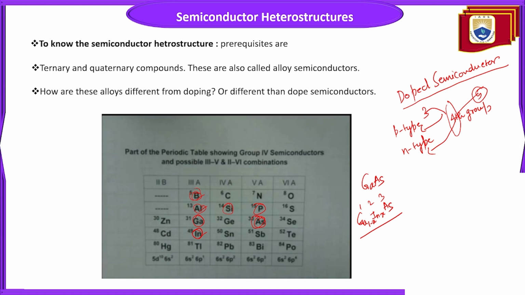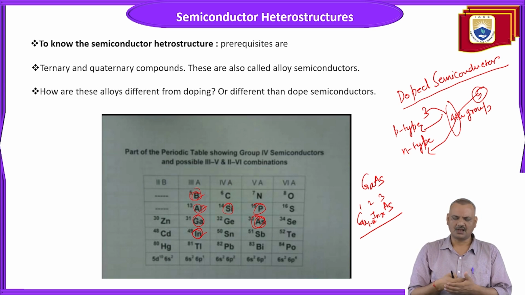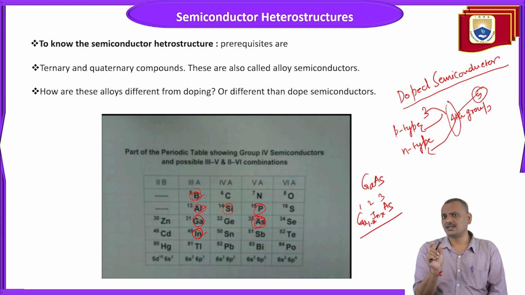Doped semiconductors, like silicon doped with phosphorus or arsenic or boron for getting P-type or N-type, are useful in electronic applications. But our concern is optoelectronic application, and optoelectronic devices are a little bit bigger in size in comparison to electronic devices. So you have to make some layered structure.